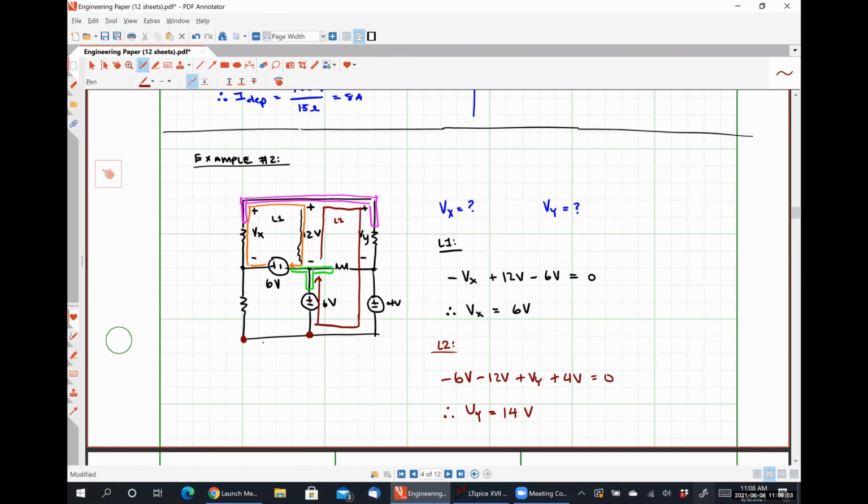If it took work to move it from here to here, we would not be dealing with a conservative system, and therefore effectively the law of conservation of energy would not be valid because all of the energy transferred moving that charge wouldn't cancel each other out.